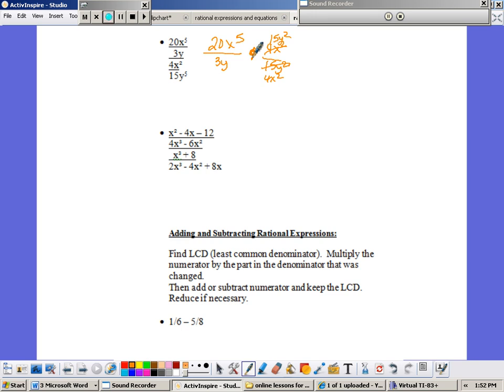So 20 and 4 reduce to 5, x to the fifth and x squared reduce to x to the third, 3 and 15 reduce to 5, y and y squared reduce to y. Now you cannot cancel these two 5's because they're both on the top. So I get 25x cubed over y.